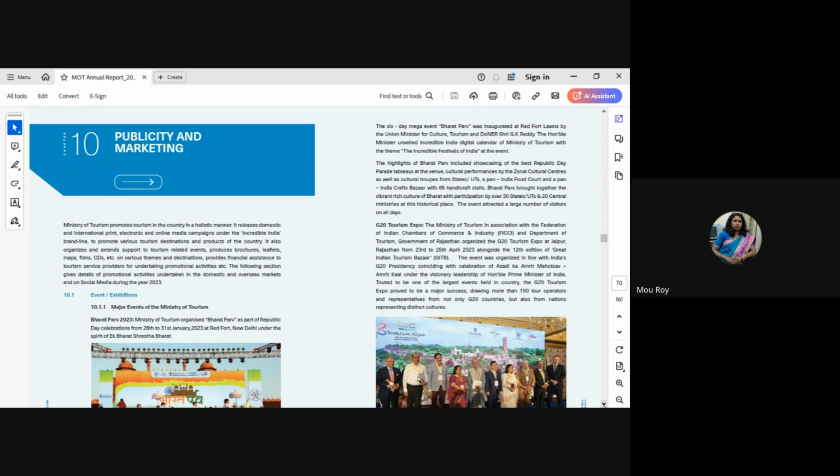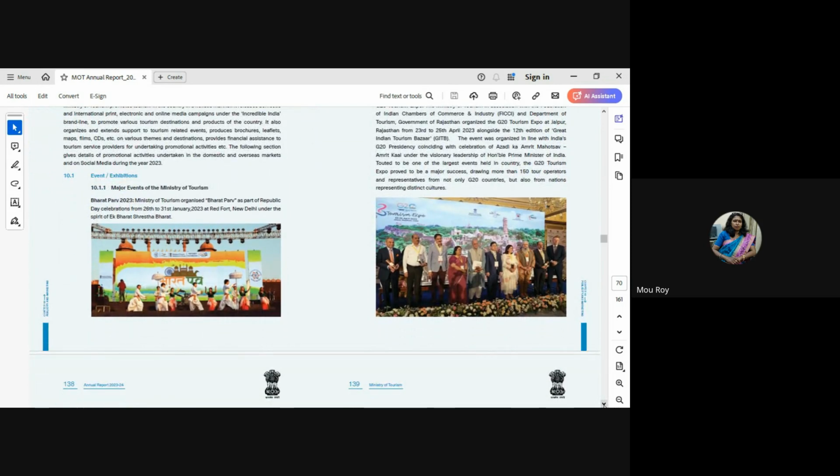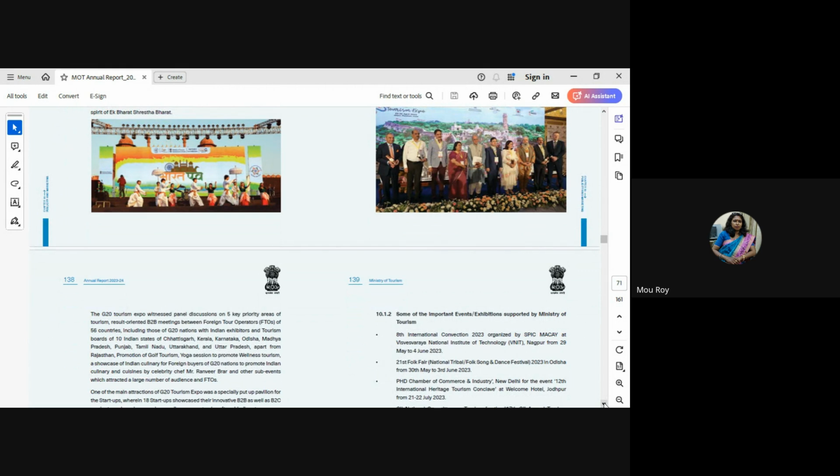Since last year was Azadi ka Amrit Mahotsav, a lot of tourism expos were organized in different capital cities, with a lot of participation from tour operators from G20 countries and other nations, representing distinct cultures. That was an important initiative taken by the Ministry of Tourism, Government of India.